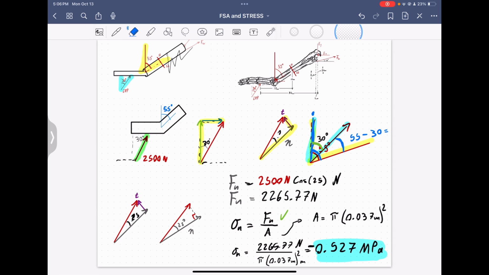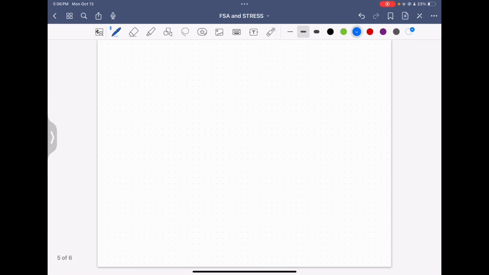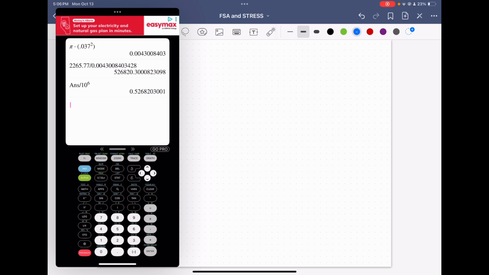Okay, so if that unit conversion didn't make sense, what did we have on the calculator? I'll just go over that one more time. We had 526,820.3 pascals. And we know we want 1 pascal on the bottom, right?